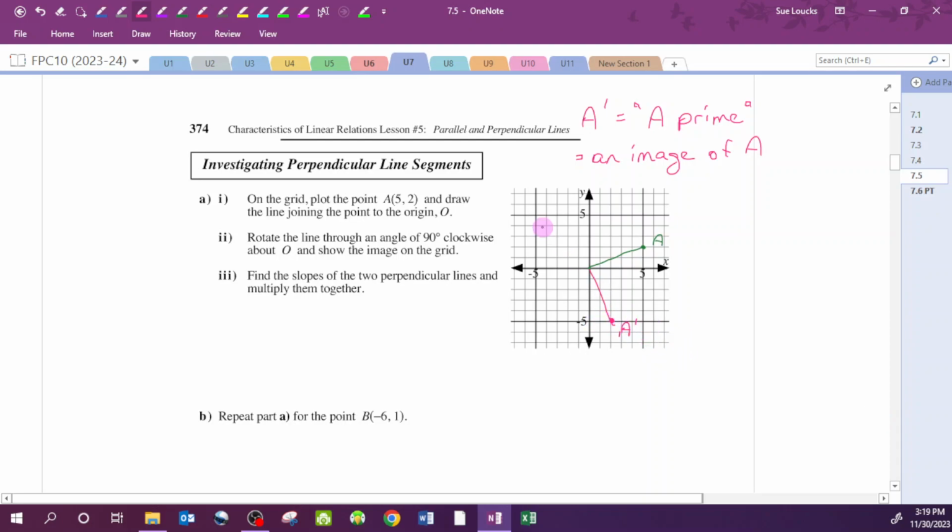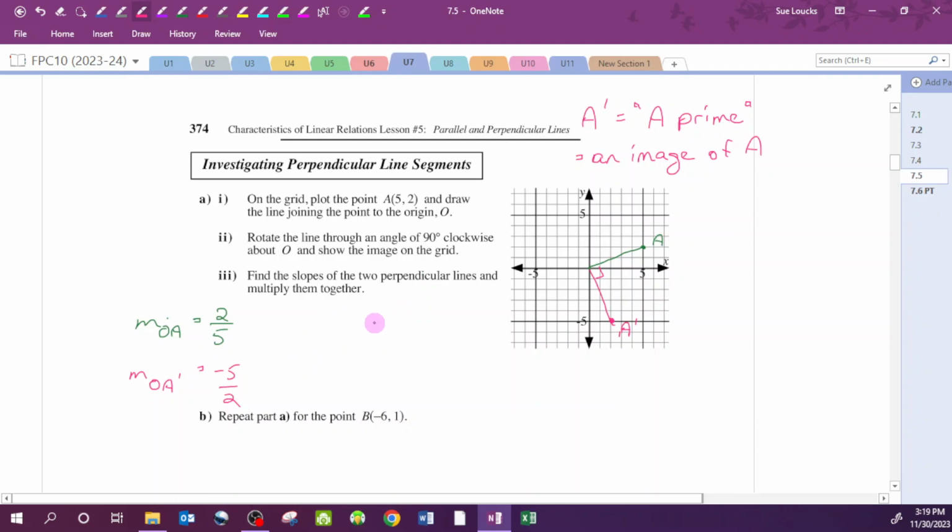Okay, and find the slopes. So these are perpendicular. Okay, this is a 90-degree angle in here, and let's find the slopes of the two lines. So the slope of OA is a rise of 2 and a run of 5. And the slope of OA prime is a rise of -5 and a run of 2.